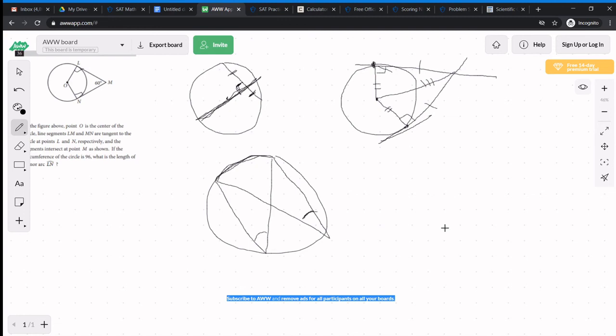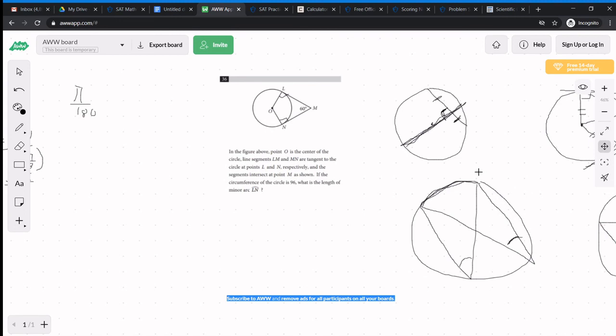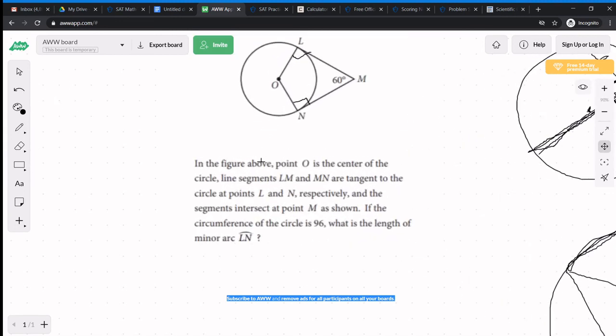And then, another one is when you have your diameter and you have an angle that intercepts it, this has to be a right angle. Always. Every single time it is a right angle. If it intercepts a diameter, it is a right angle. With that, you should be pretty much good to go.